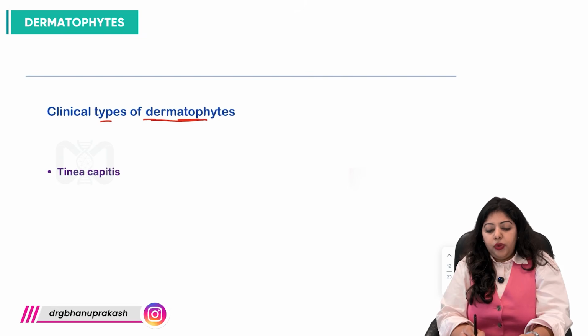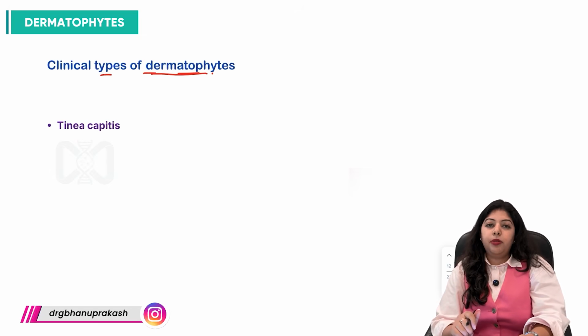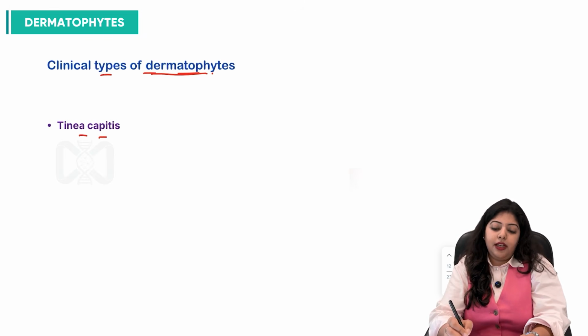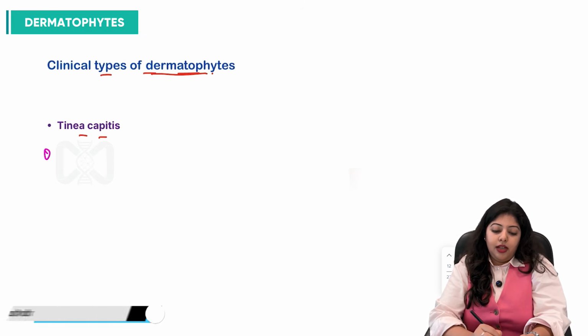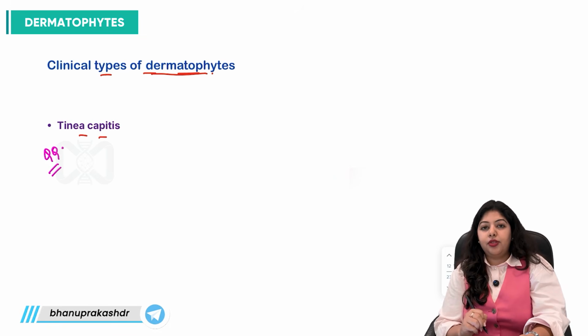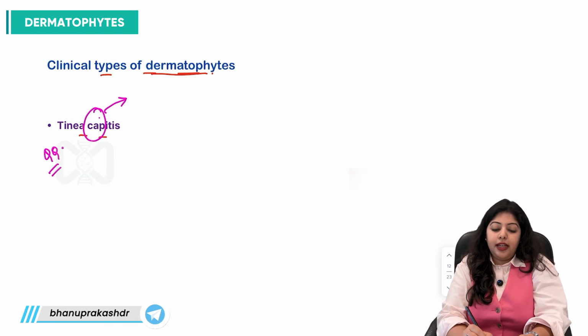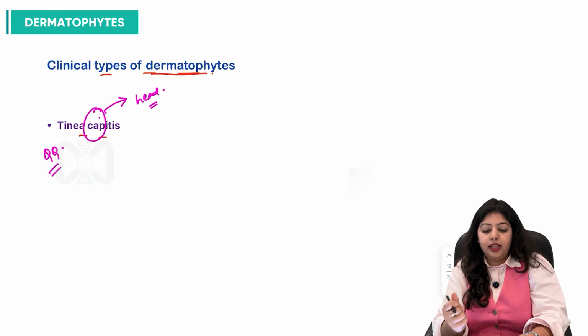Now moving on to the different clinical types of dermatophytoses, and firstly Tinea capitis, which is again a very favorite question among examiners. Tinea capitis naturally is affecting head and scalp, right? Cap stands, we wear the cap over the head.